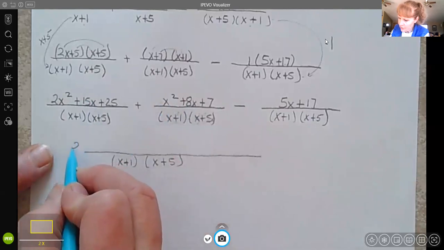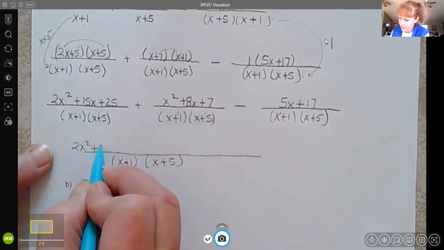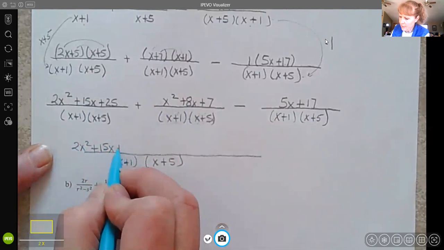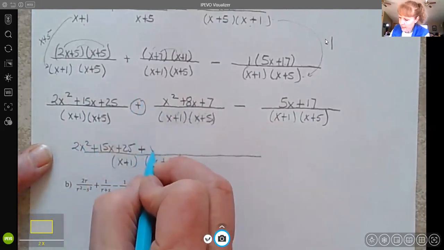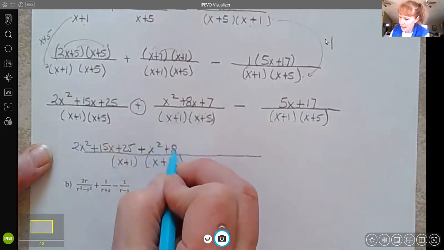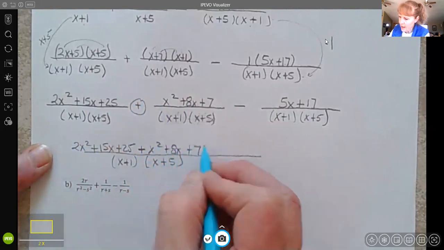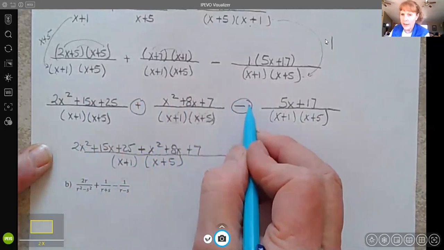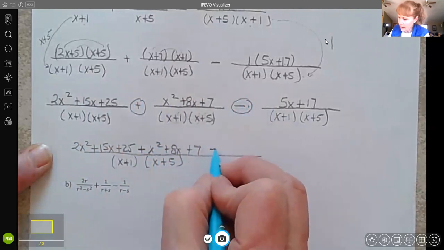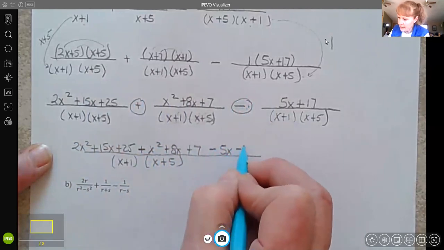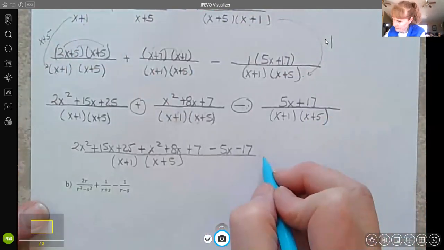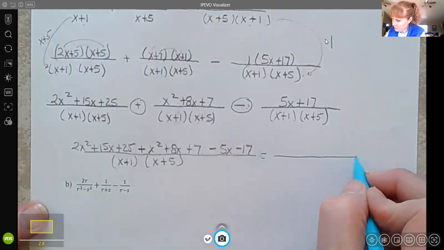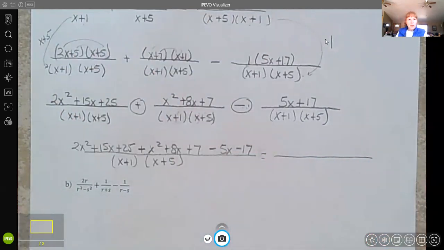And I'm going to add these numerators together. So this one is 2x squared plus 15x plus 25 plus x squared plus 8x plus 7. Here's the trouble right here. Minus 5x minus 17. And I'm just going to combine similar terms.